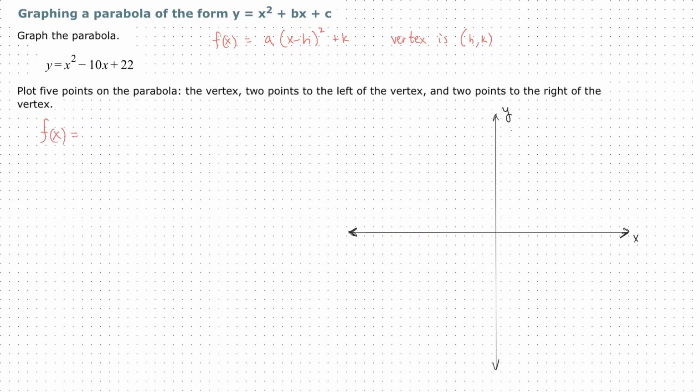f of x is now equal to, I'm going to focus on x squared minus 10x, and I'm going to leave a space there. We'll put a gap here. I'm going to put plus 22 here, but we're going to complete the square right here on the x squared minus 10x.